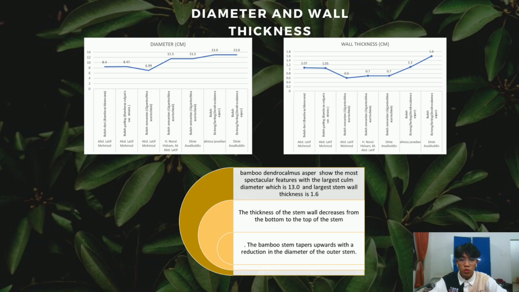The thickness of the stem will decrease from the bottom to the top of the stem, and the bamboo stem will taper upward with a reduction in the diameter of the outer stem.